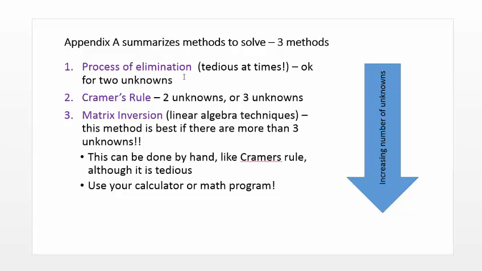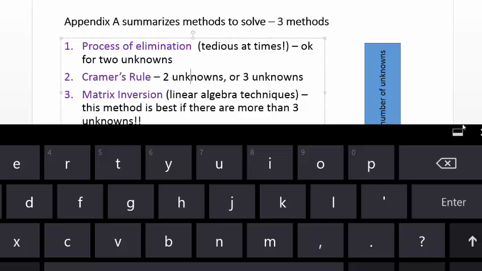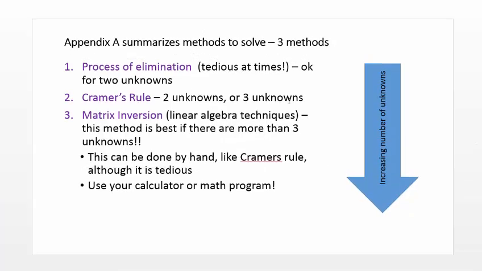We did it in the last video, but you can apply Cramer's rule and find your two or three unknowns. So two unknowns, you would have a 2 by 2 matrix of coefficients. Three unknowns would be a 3 by 3 matrix of coefficients. And then as the problem grows beyond a 3 by 3 matrix, it gets really, really ugly. In that case, you should resort to matrix inversion techniques, which are from linear algebra.